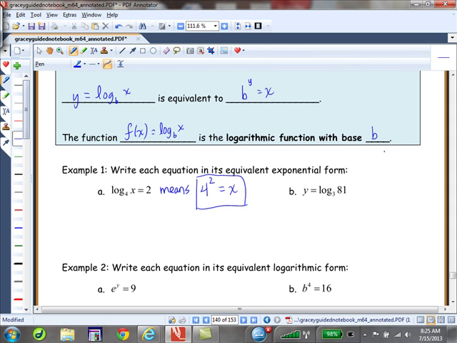What about this one? The 3 is the base raised to, which is the exponent this time? Good. y is equal to 81.